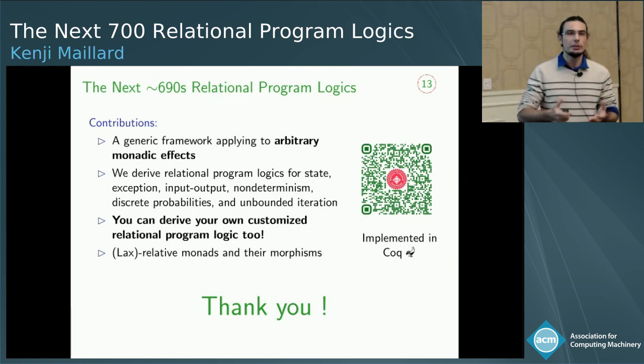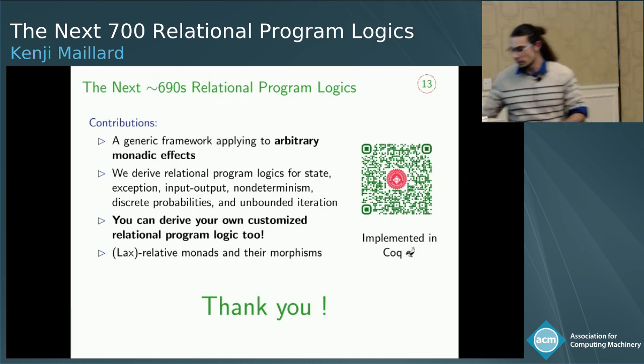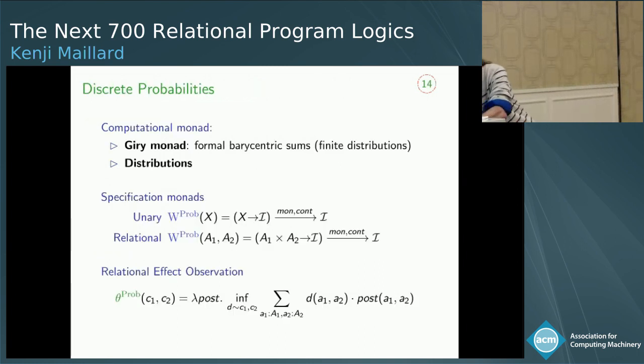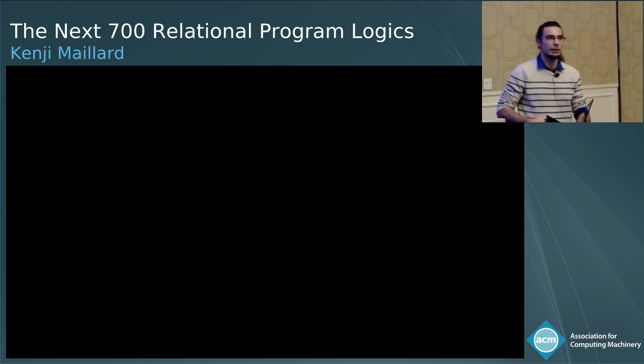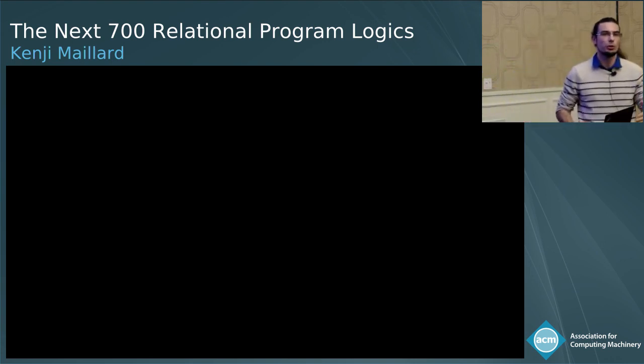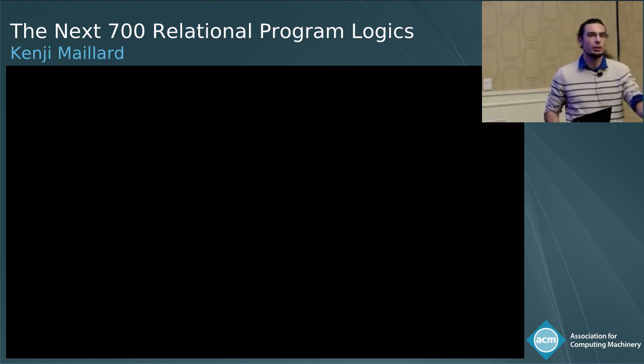For effect-specific rules, you need to choose exactly what you want, and there is some subtlety, let's say, as to which rule, whether the rules need to be asynchronous or not. For example, for probabilities, providing just asynchronous rules is not the same as providing a synchronous sample rule.